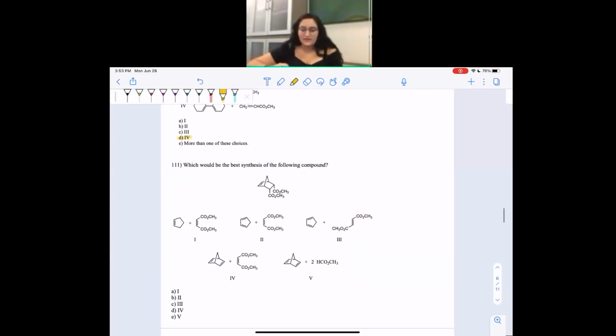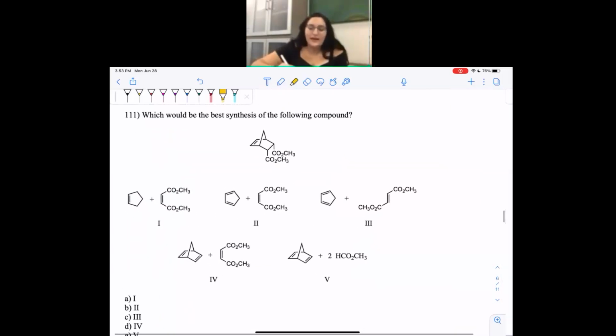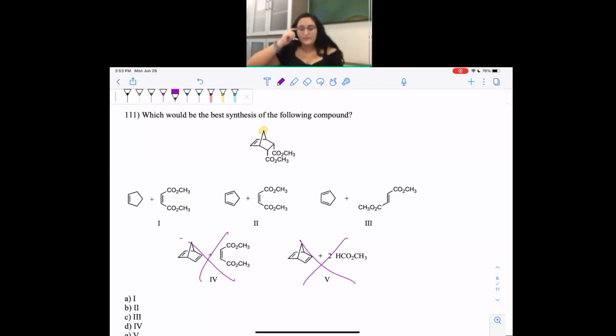This next one is very similar. We have one carbon in the bridgehead, which means we had to start with a 5-membered ring. This one and this one are clearly not it, because you're already starting with a bicyclic. You can't start with a bicyclic and get a bicyclic. This one is two dienophiles, so that can't be it.